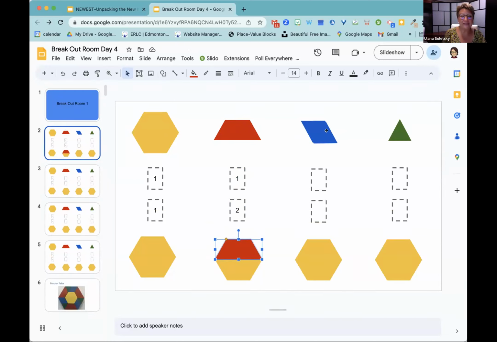Okay, so if the yellow is 1, then what does the blue represent? 1/3. Group 1, I'm doing this for you, so nobody has to do this one. If the yellow is 1, then the green is 1/6. So we'll see that these are all unit fractions in this case.